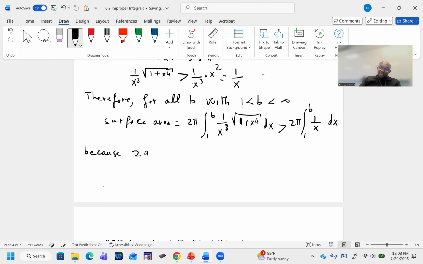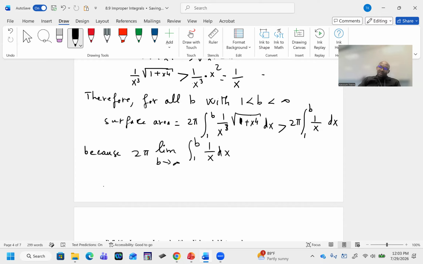2 pi, limit of b approaches infinity, from 1 to b, 1 over x dx. This limit will give me infinity. Because what is the antiderivative of 1 divided by x? That's ln x, right?